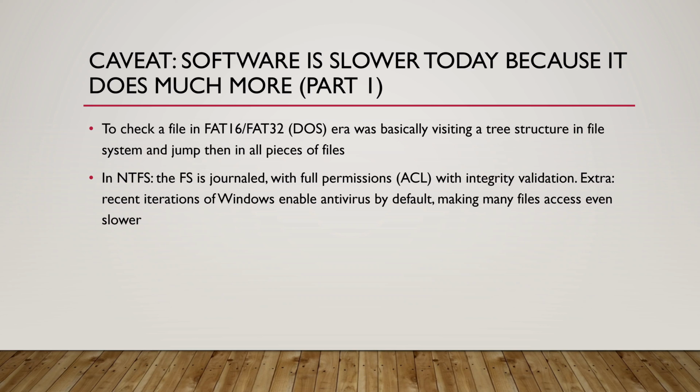With NTFS, you have all these permissions, but you also have a file system which keeps integrity all the time. It has a journal, and what's more aggravating, Windows also enables antivirus. So to open a file, typically an antivirus will intercept that call to make sure it's not a virus. Then it will let you read that file. So in this way, yes, software is slower.